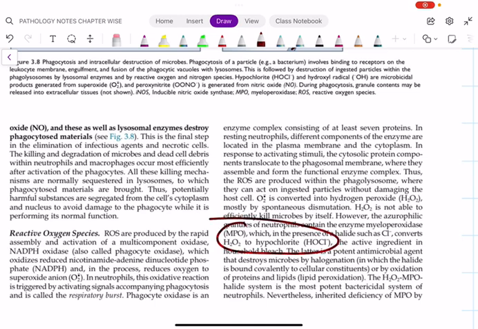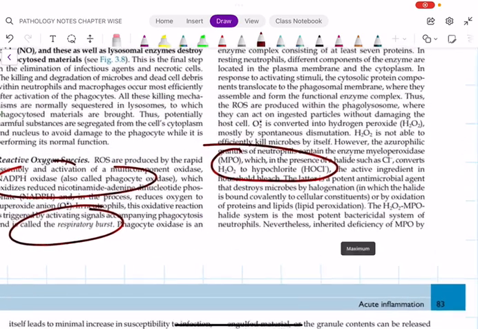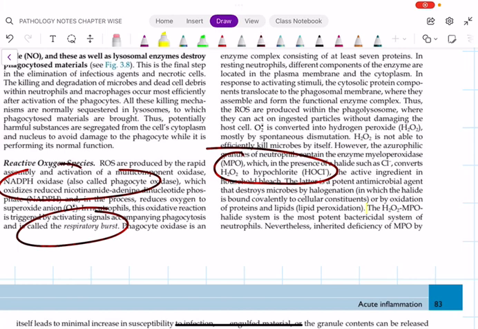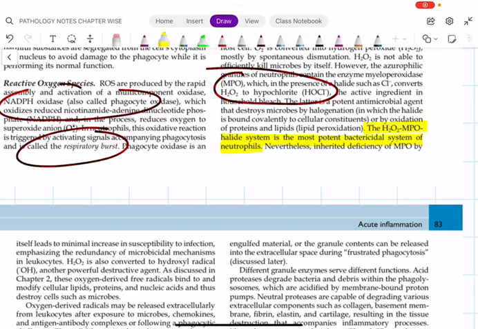See, myeloperoxidase, NADPH oxidase, respiratory burst. Then here comes the question. The hydrogen peroxide myeloperoxidase halide system is the most potent bactericidal system of neutrophils. Okay, yes.